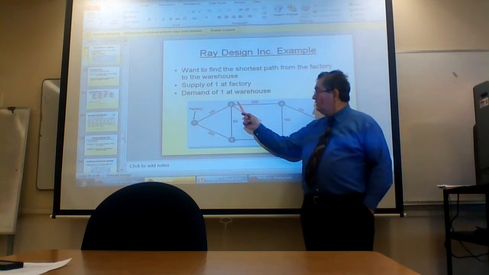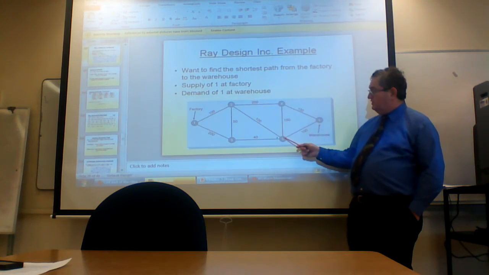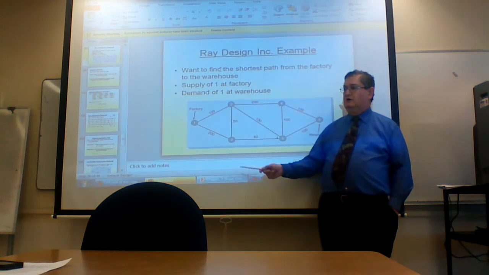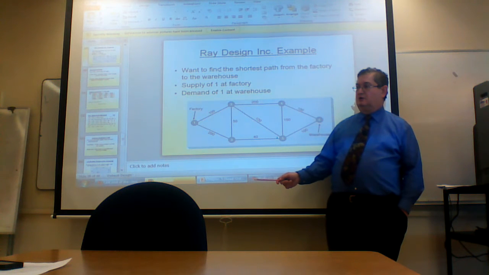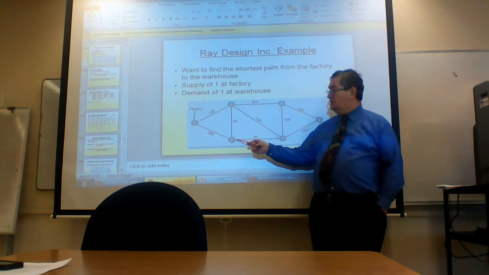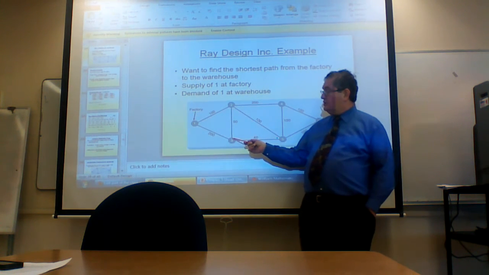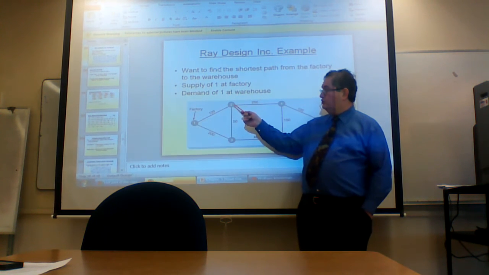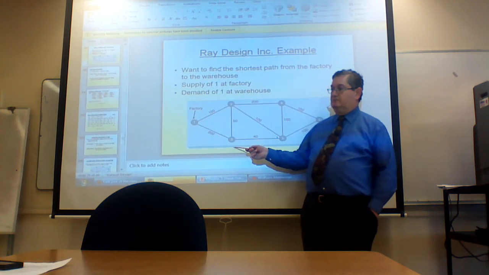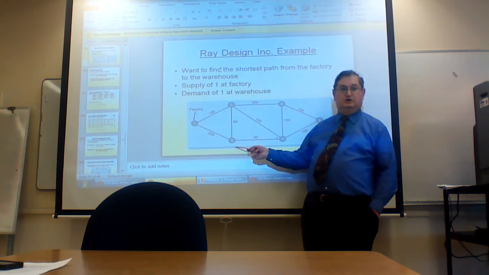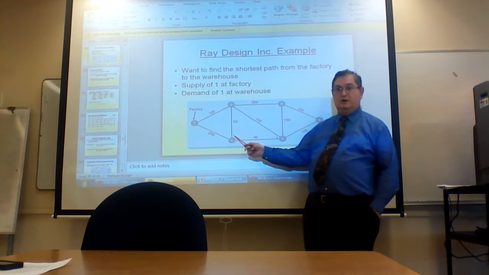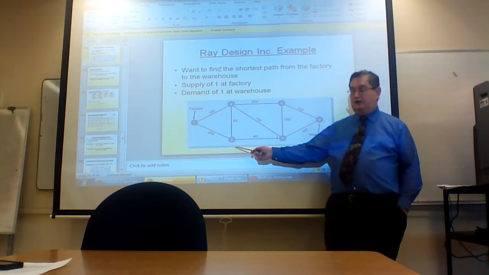From 2, you could go to 4, 5, or 3. Which one is closest? 3. Why would you go to 3 through 2 and not directly? Because it's shorter. It's 150 this way, it's 200 this way.